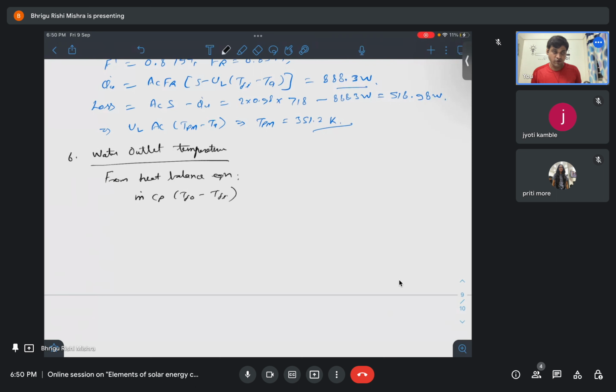equals QU dot. FO means output fluid, FI means input fluid. M dot is given as 70 kg per hour, Cp is 4.18, and TFO minus TFI is the unknown.